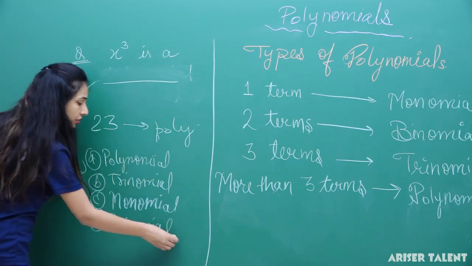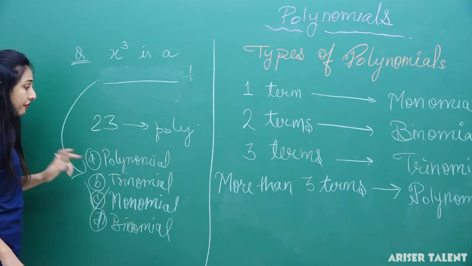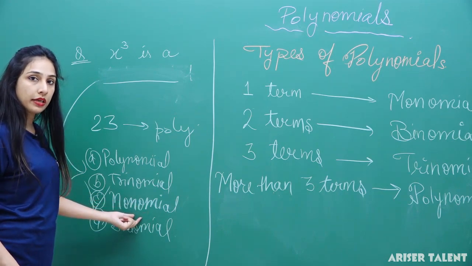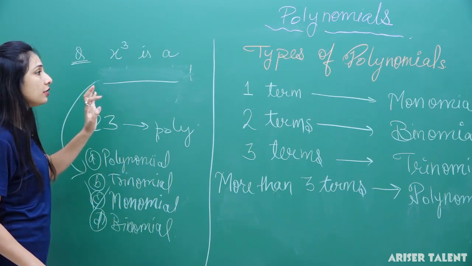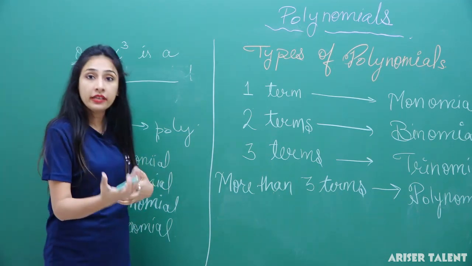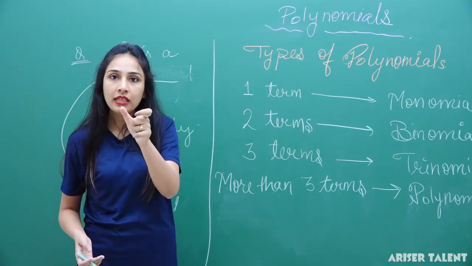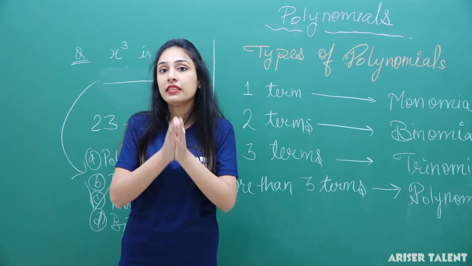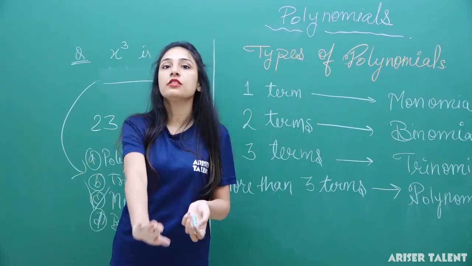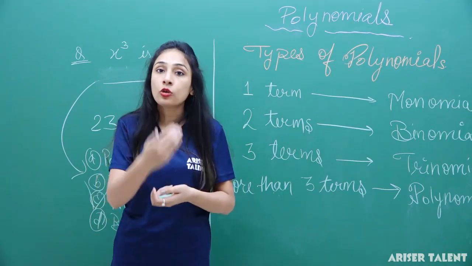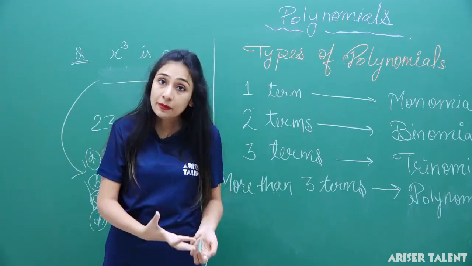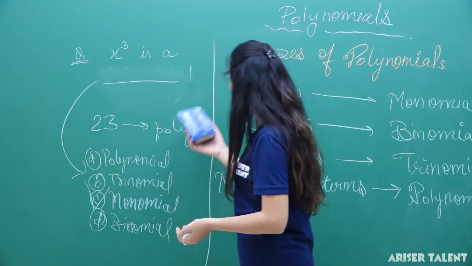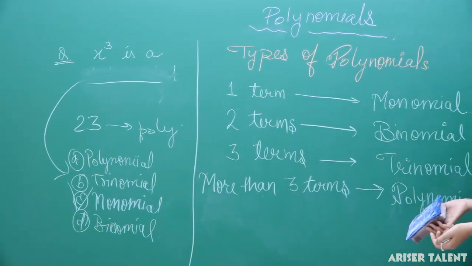In that particular scenario, you have to take monomial. When polynomial and monomial both are given, you can take monomial, that will be more correct. But in the situation where it is specified that x cube or 23, that means monomial, you are given the monomial and it has been asked whether it is a polynomial or not, you will say yes, it is a polynomial, because monomial, binomial and trinomial are just types of polynomial. Understood this thing? Okay. So note this, and then we'll move forward to the next thing.